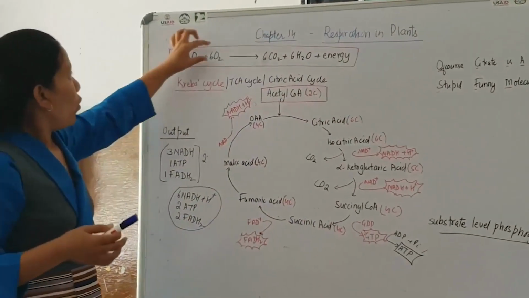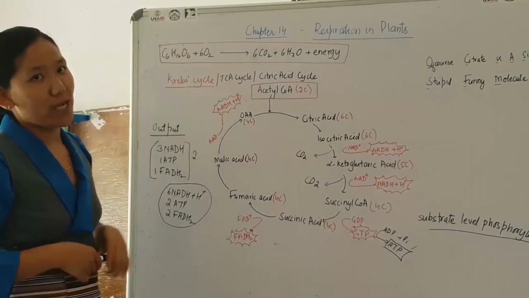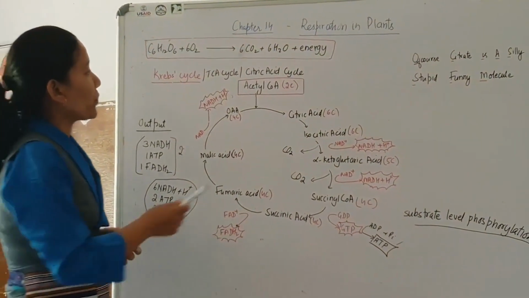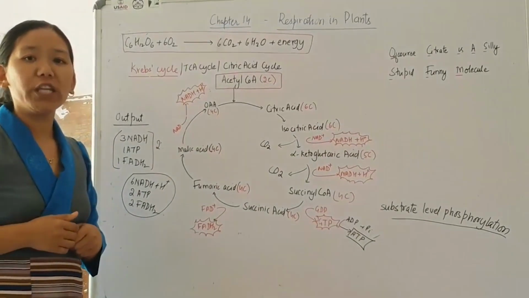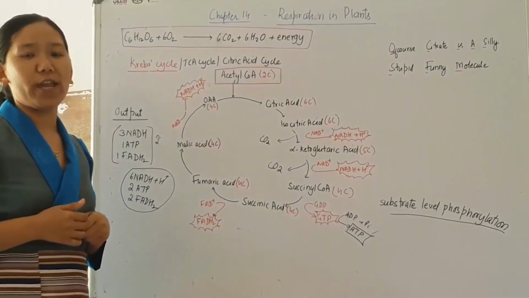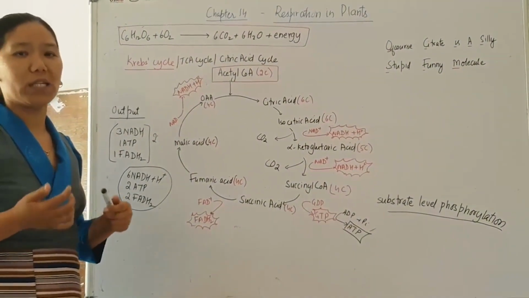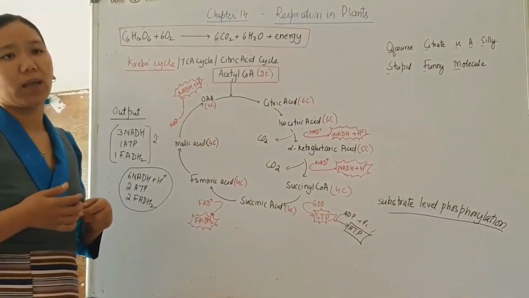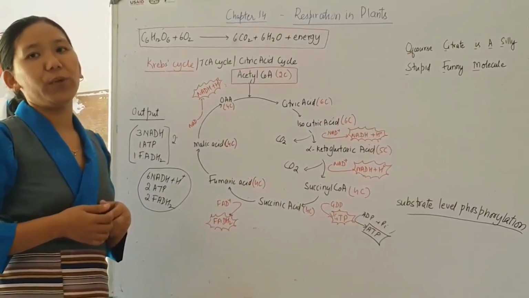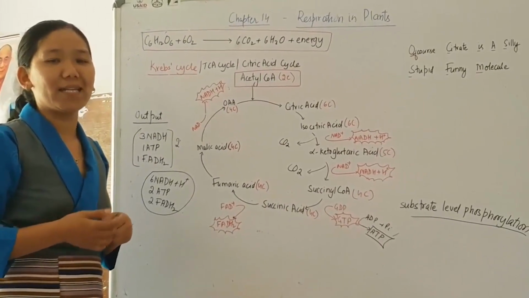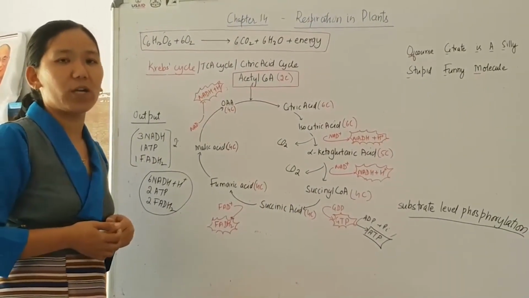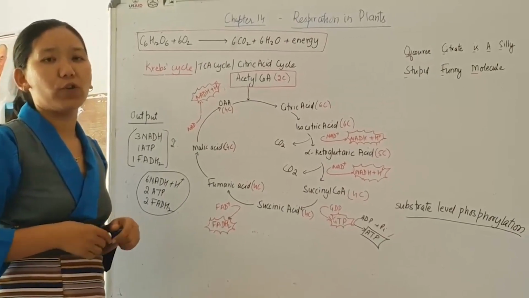Now, oxygen is not yet utilized, and this energy has to be in the form of ATP, which is the currency of energy. So where will it occur? It will occur in the inner mitochondrial membrane, that is in the ETS, electron transport system, and then oxidative phosphorylation.